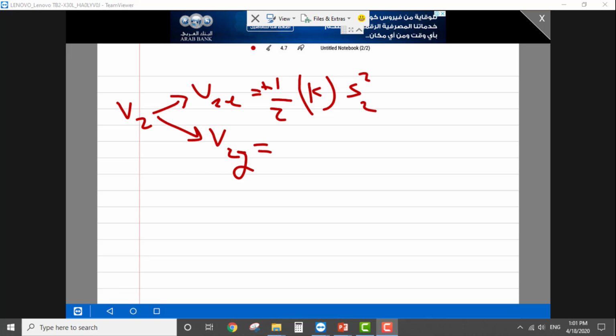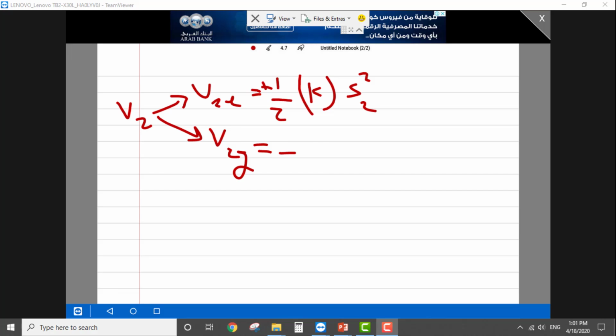And this one is equal to minus. Why is it minus? Because the rod is under the reference. Once it is below the reference, then this is minus. If state 2 is above the reference, then it will be positive. But here it is negative.